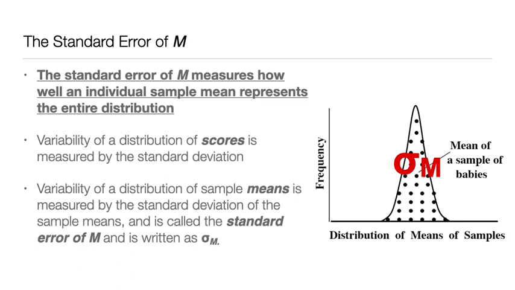Standard error tells us how well an individual sample mean represents an entire distribution. This will start to quantify what kind of sampling error we might have, how well a score is expected to represent, these kinds of things.